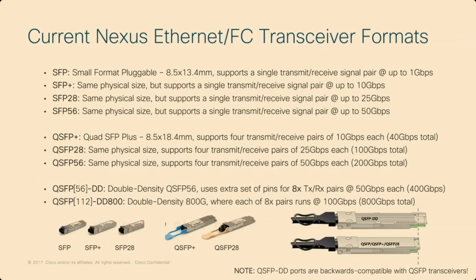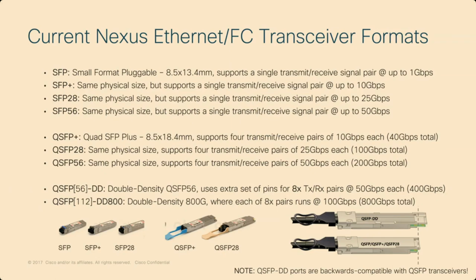Basically, that started out life as the SFP supporting 1 gig. When we went to 10 gig, it became known as SFP plus. Now you can actually take an SFP transceiver and plug it into an SFP plus socket, and it will be backwards compatible for that speed usually.